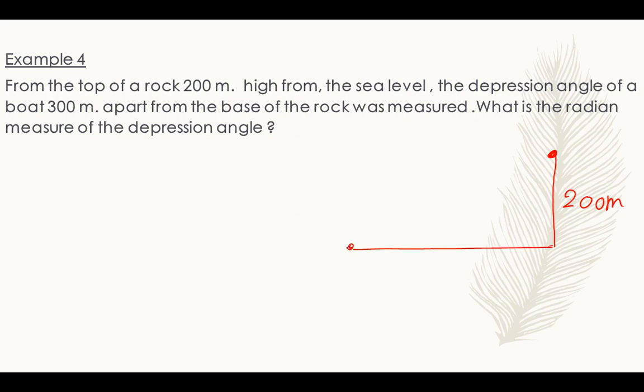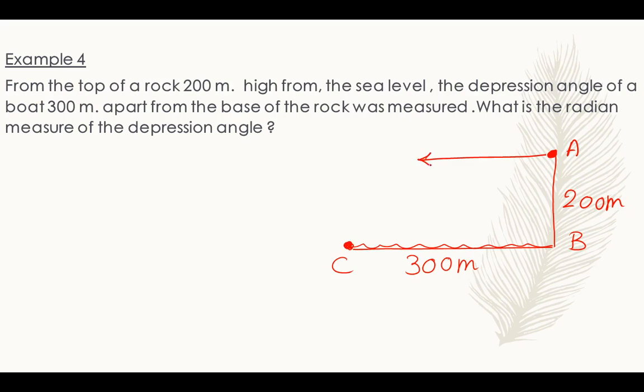So this is the sea level, and the points are A, B, C. The depression angle of a boat 300 meters apart from the base of the rock, so the length of BC will be 300 meters. Here, the man is on the top of the rock, and the object is the boat in the sea.